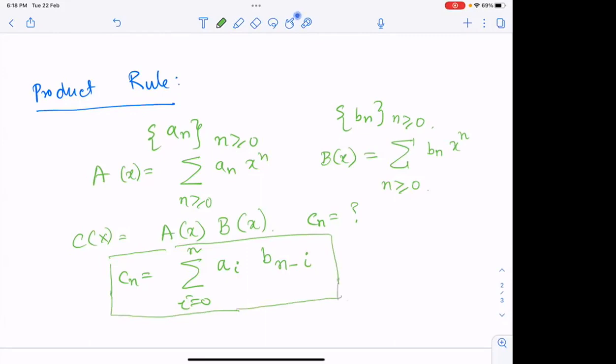This very simple formula is very useful. So I just write like this. I don't have time left today, so let's take one example.